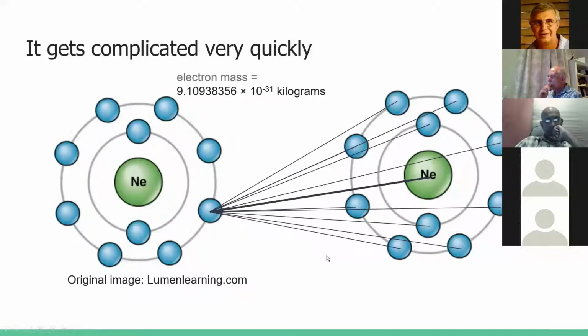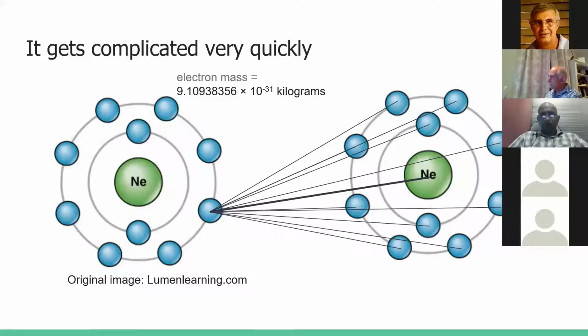If we then say that every little mass adds to gravity, it's going to get complicated very quickly. For instance, here we have a neon atom on the left and on the right. Let's see what the gravitational effect is of one of the electrons of the neon atom. There are 10 electrons, and from that one electron to the other neon atom, we've got all those connections that are supposed to be gravity connections. How does that happen?